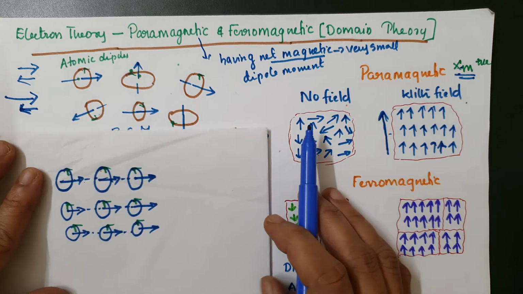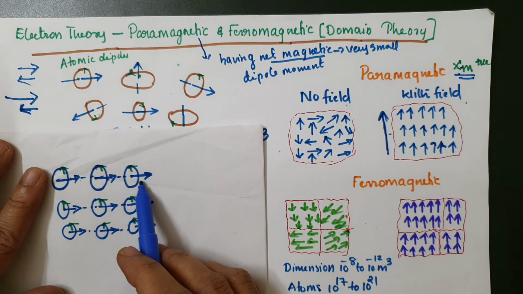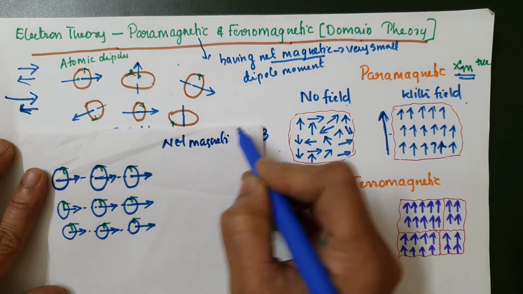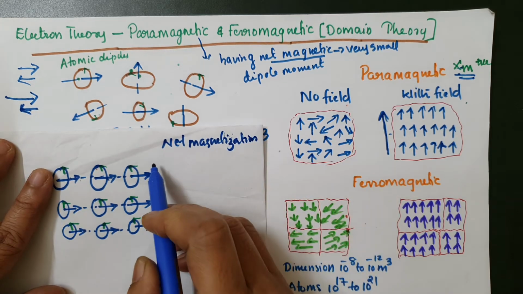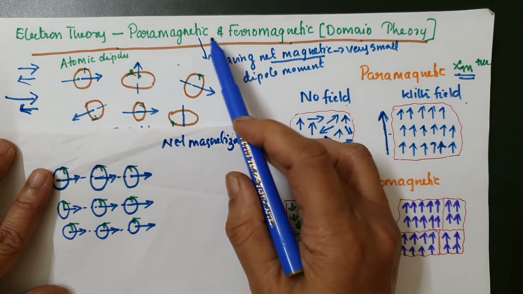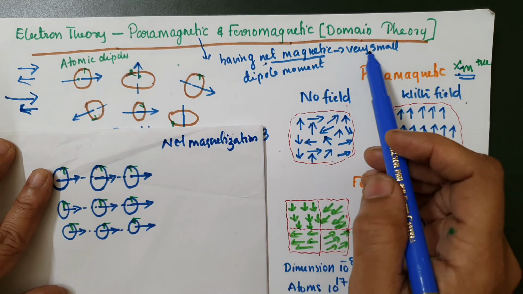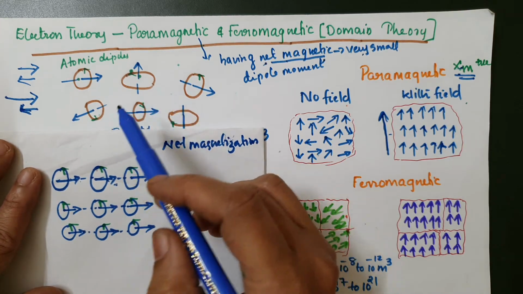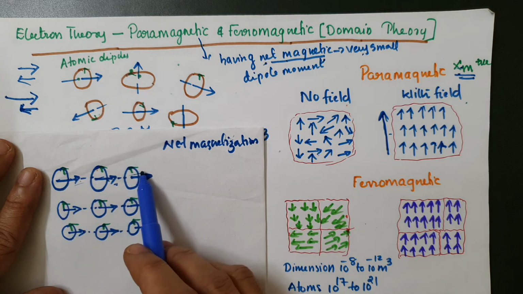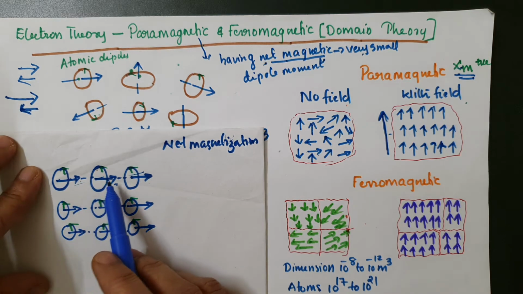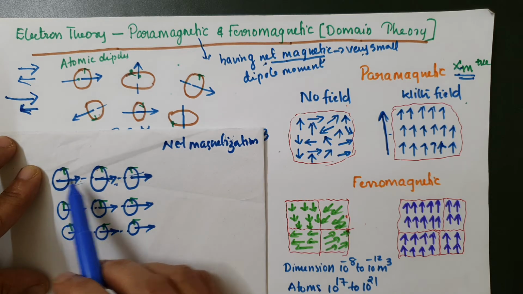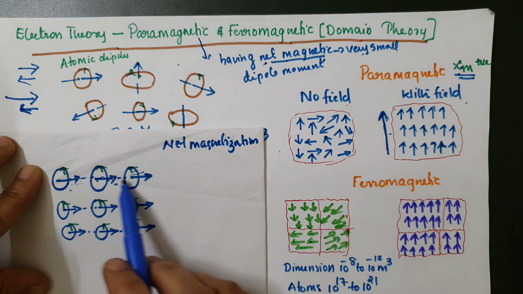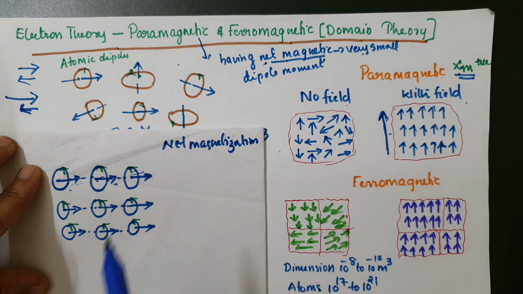And this parallel orientation of these atomic dipoles gives a net magnetization, and this net magnetization will be greater than in the case of paramagnetic material, where it has a very small net magnetic moment. Though each of these atomic dipoles has a very small magnetic dipole moment, when they are aligned parallelly, it has a significant magnetic dipole moment.